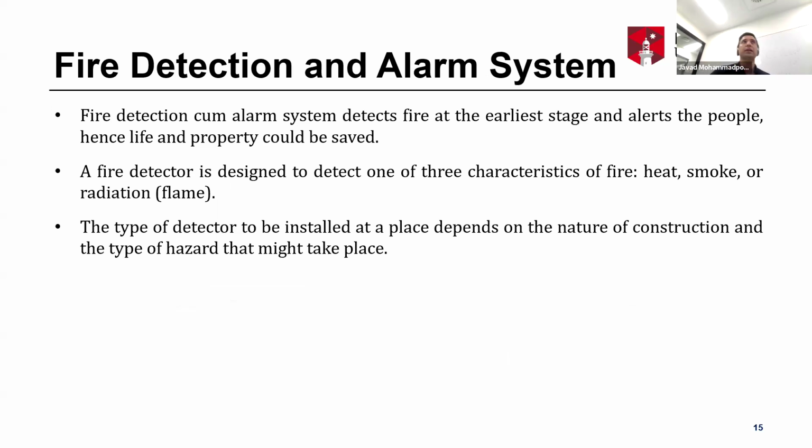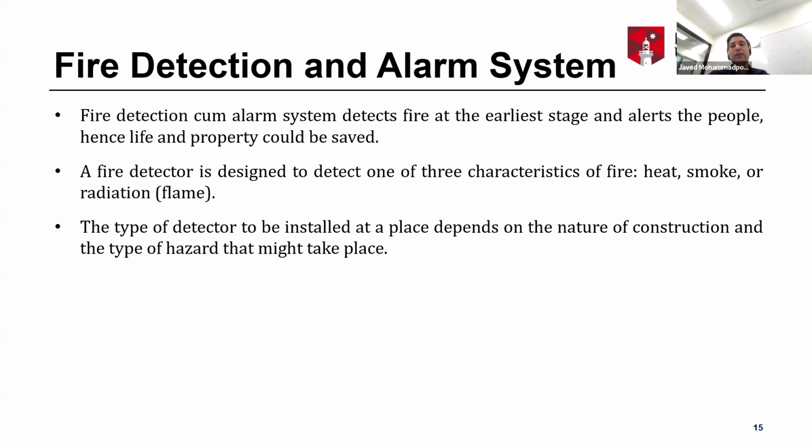If you remember, I introduced the different stages of fire growth, and I mentioned that if we can detect the source of the fire at the initial stage, we can save people's lives and also their property. The fire detector is designed to detect one of these characteristics of the fire: heat, smoke, and radiation or flame.